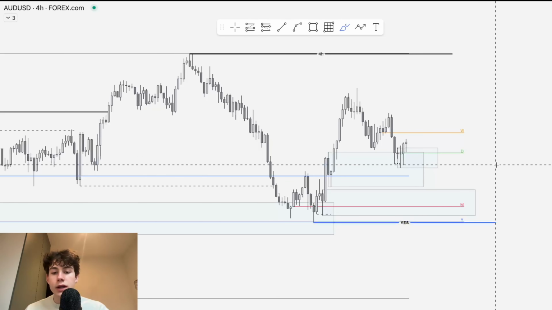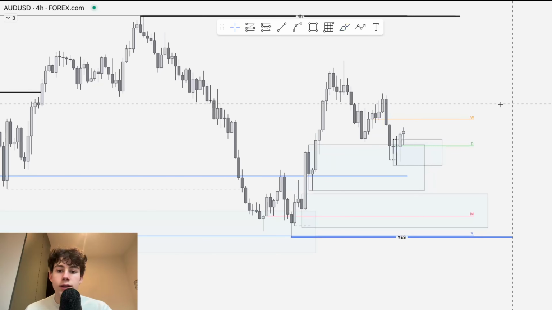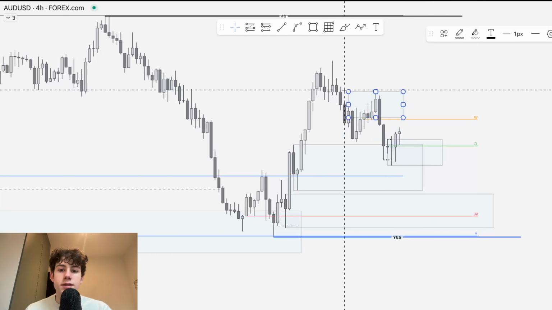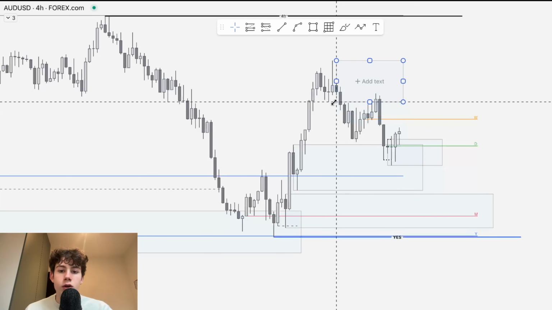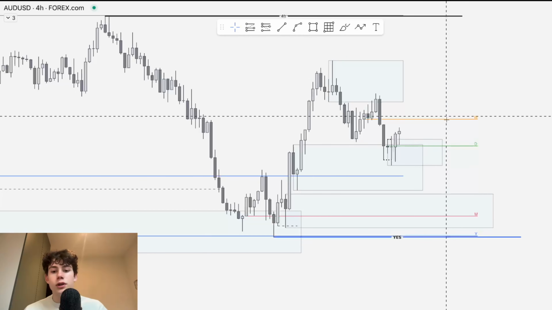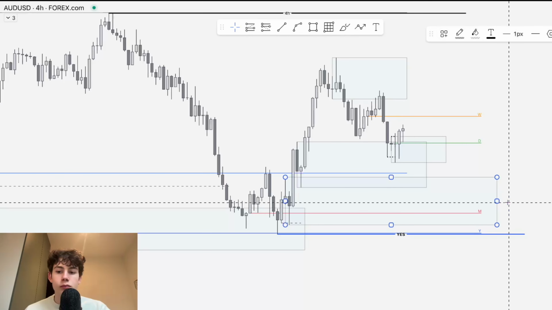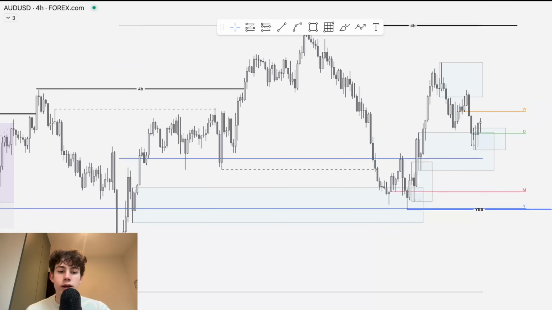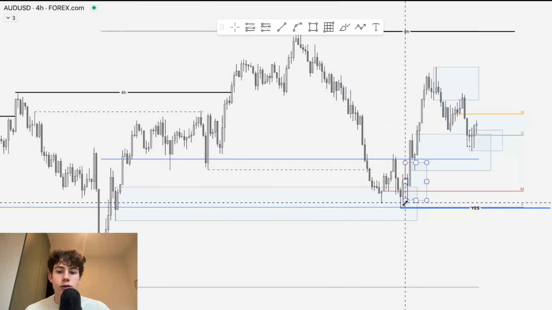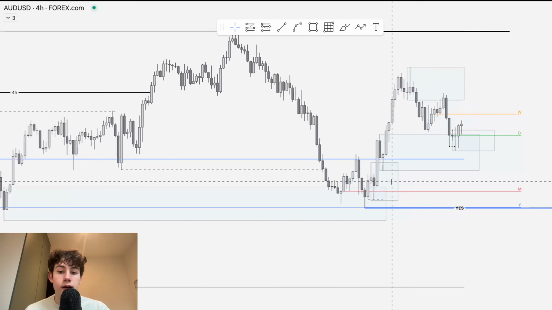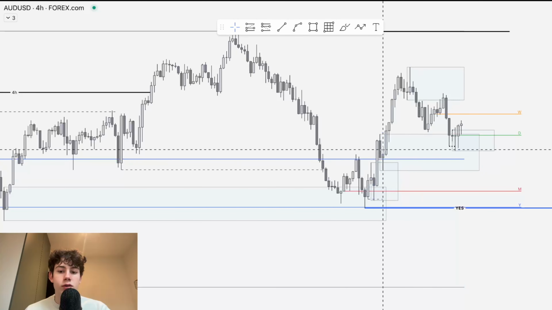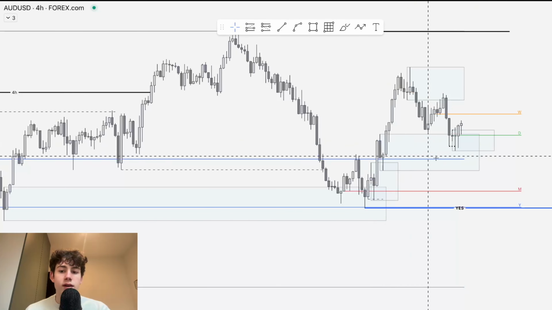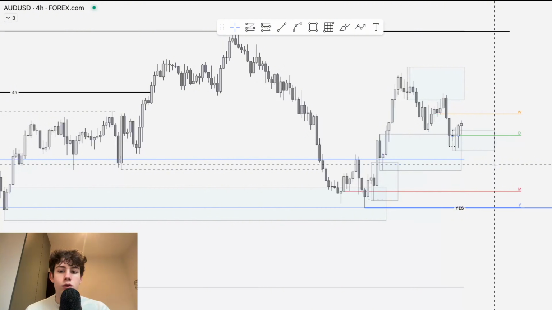Okay, so keep that in mind, and also look at the order flow, because the order flow is still bearish, or it's bearish and bullish, because as you can see, let me explain that real quick. We had a demand zone which got respected because we traded up higher. We created a new demand zone which got respected because we traded up higher. And now we have this demand zone which is in control.